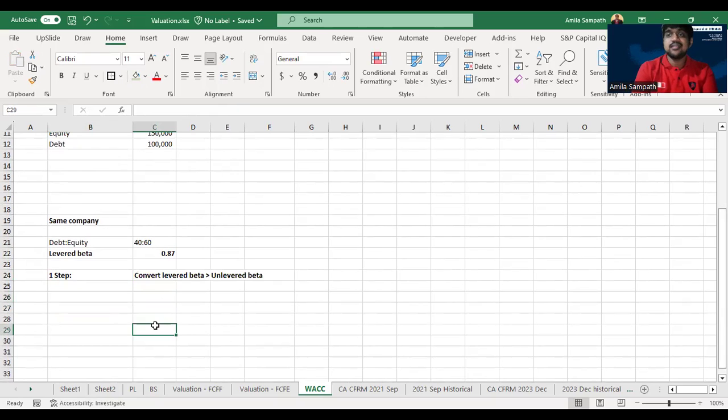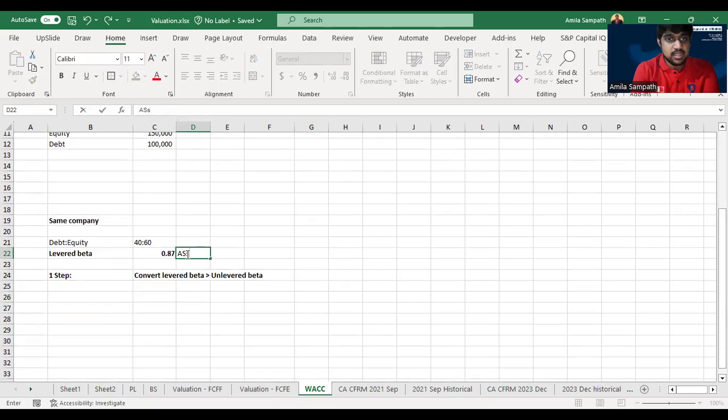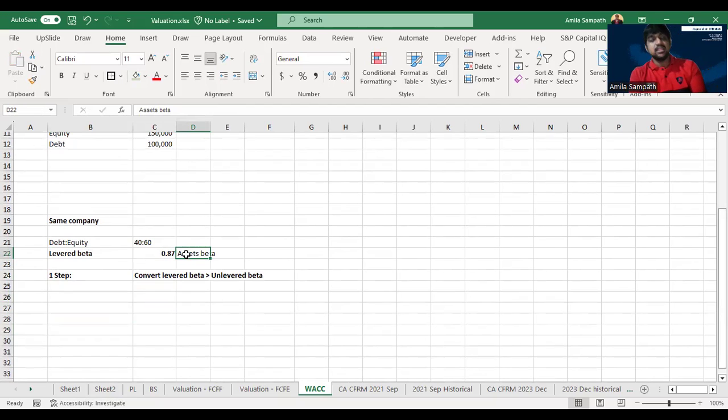Then we can say the unlevered beta is our equity beta, and this levered beta we can say is our assets beta. Simply, this assets beta we need to convert to the equity beta. That means if our company is financed only from equity, then we need to identify the beta. That is the simple meaning of the unlevered beta.